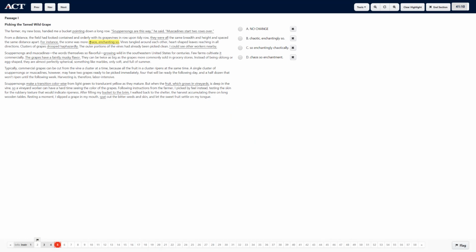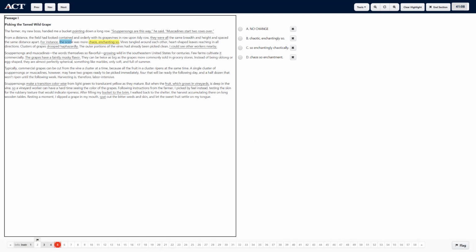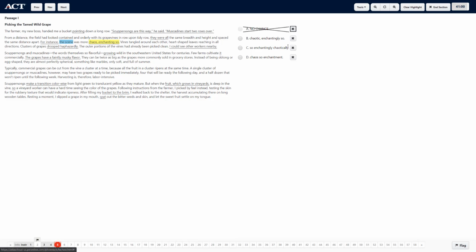The scene was more. So the scene is our subject and we need to describe it using an adjective. Chaos is a noun, so it's incorrect. Chaotically is also incorrect because when we have "-ly," it's an adverb and it's describing a verb. This is a noun, so this is wrong as well.